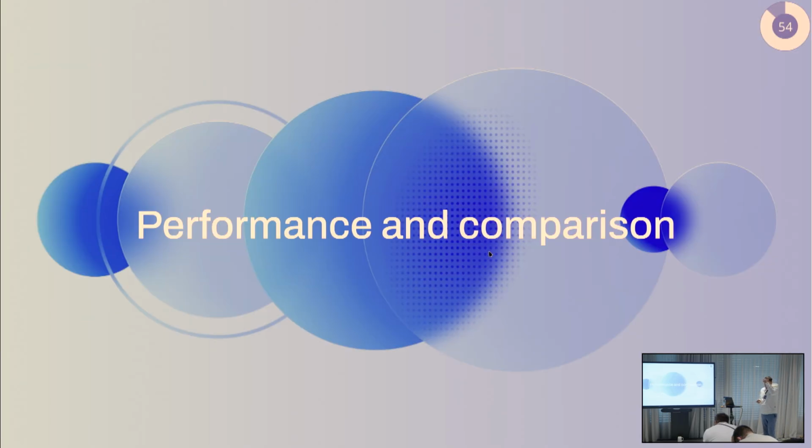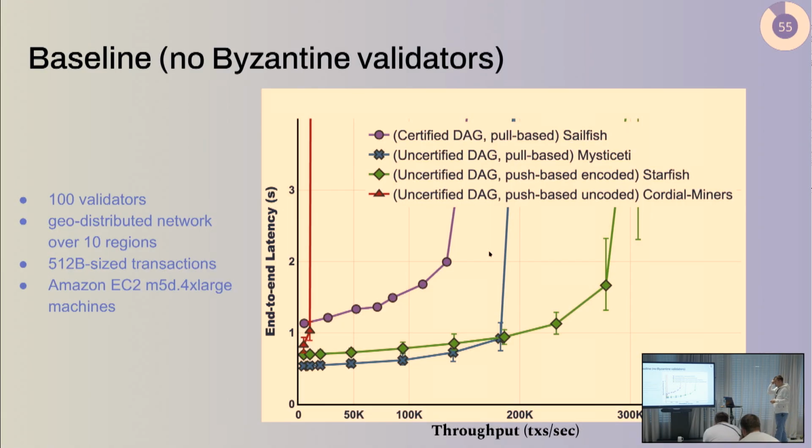Okay, now let's take a look at the performance. We are very close to the end. Here we checked several protocols, certified and uncertified. Starfish is a certified DAG-based protocol, and it has the best performance among certified DAG-based protocols.